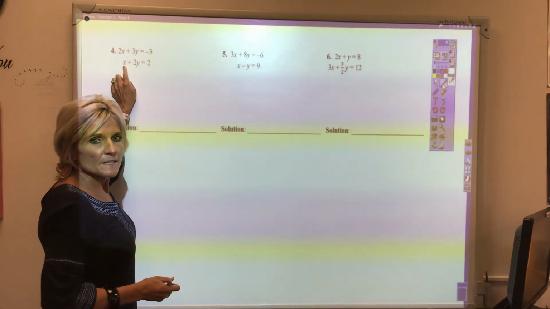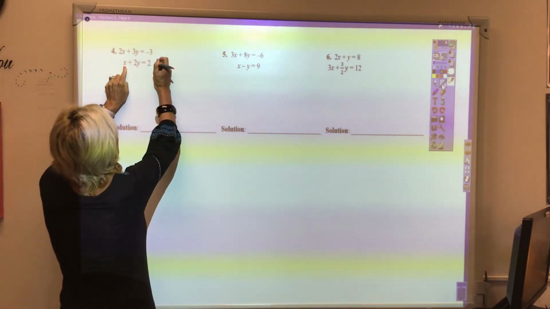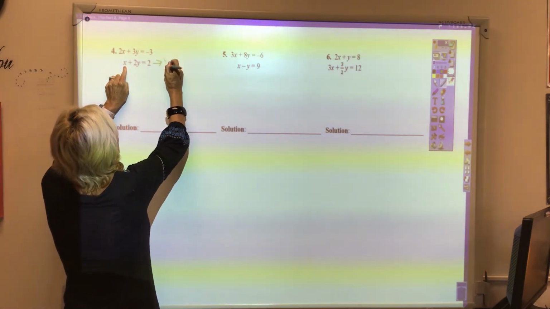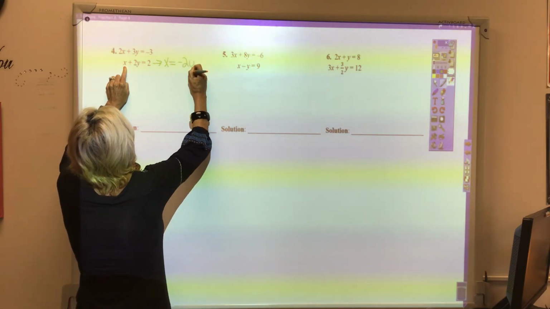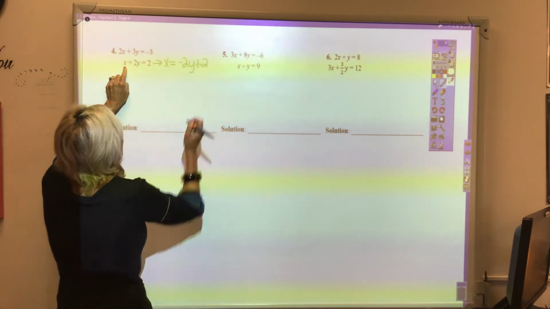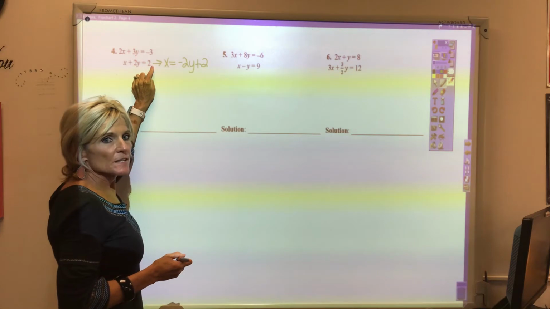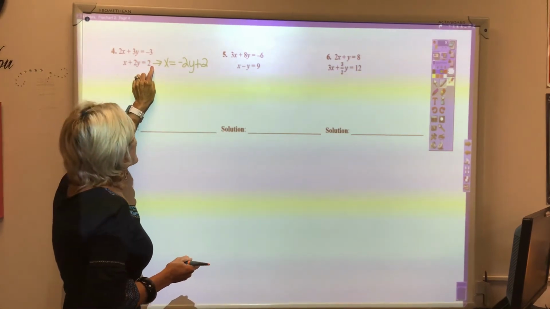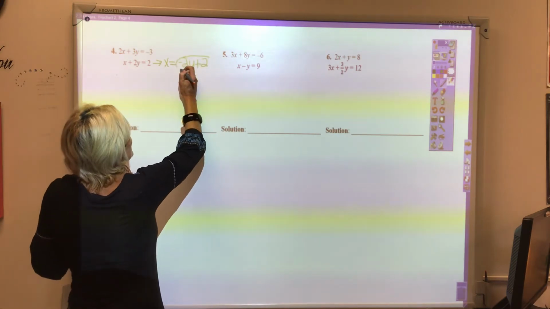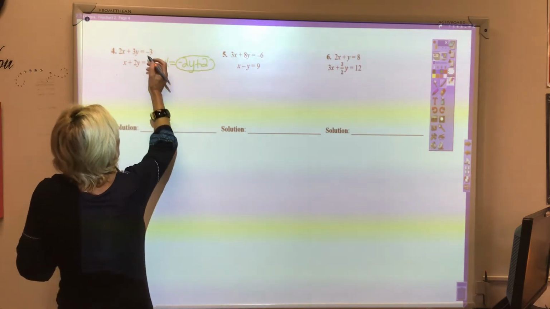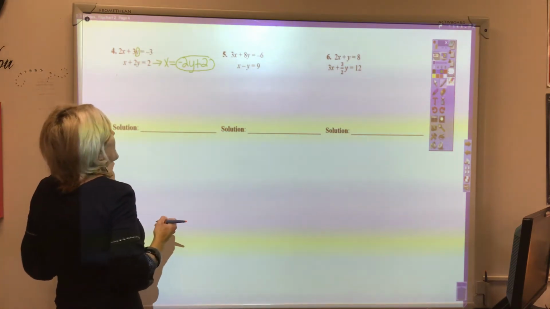So it's real easy to get this by itself by rewriting this equation as x equals negative 2y plus 2. So all I did was take the 2y, move it to the other side of the equation, and make it a negative. Now I'm going to take this value for x, this negative 2y plus 2, and I'm going to substitute it into the first equation for y.